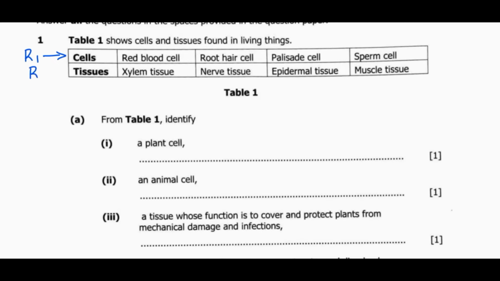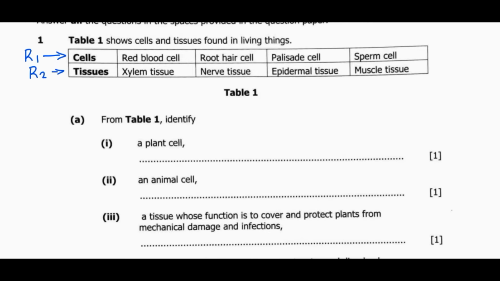Then the second row has the tissues, where we have xylem tissue, nerve tissue, epidermal tissue, and muscle tissue. Then not only should we know the type of tissue, we also have to look at the function for each cell and each tissue.